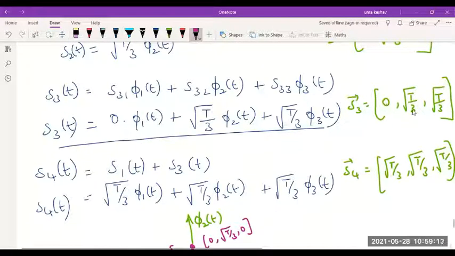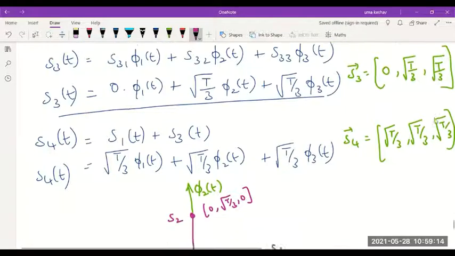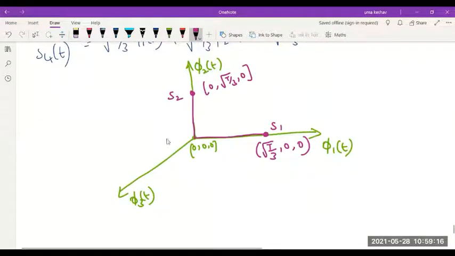S3: 0 in phi 1, root t by 3 and root t by 3 in phi 2 and phi 3. So this value is, let me say, in phi 2. And if this point corresponds to root t by 3 in the phi 3 axis, if I take the projection, this will be my point S3.